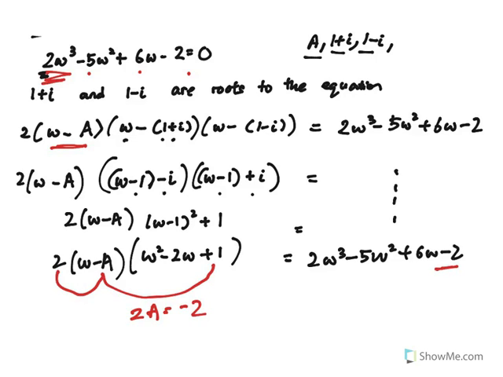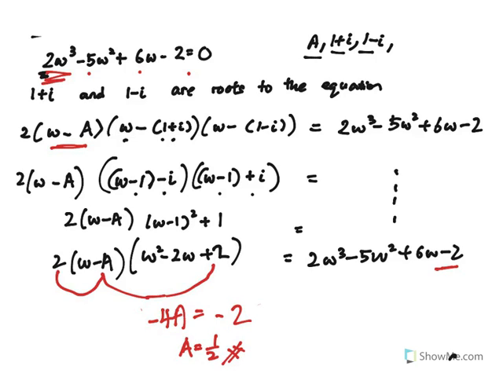Apologies, it should be negative 4a equals negative 2, not 2a. So a should be equal to a half.